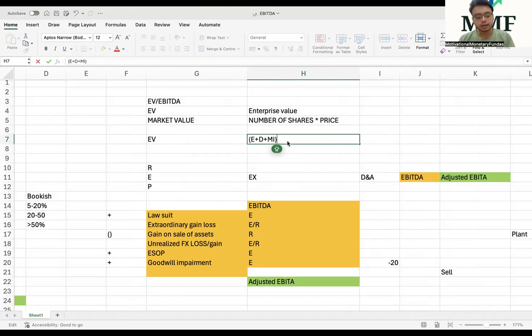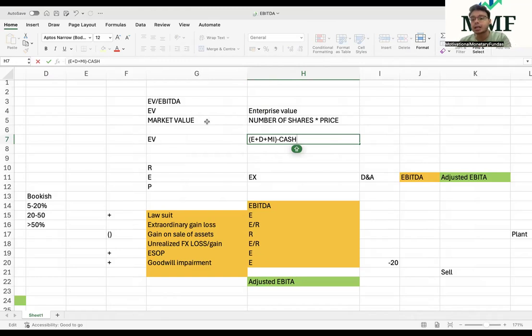And that is something which we do not conclude here, and we tend to subtract cash and cash equivalents. We need to subtract cash from the enterprise value, and that is something which we tend to avoid or forget. So the major difference between the market value and the enterprise value is that the market value just takes into account the total number of shares into the current price of the shares, just the equity and the preference shares component.